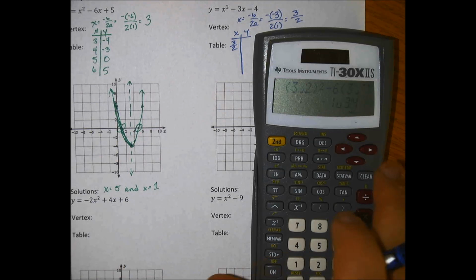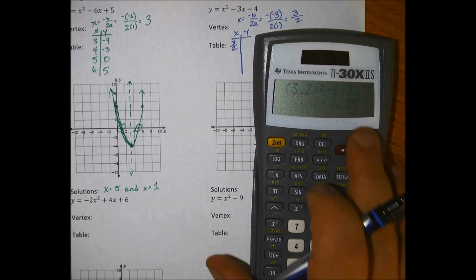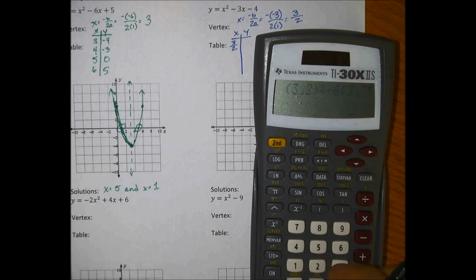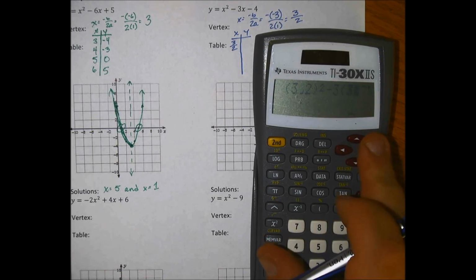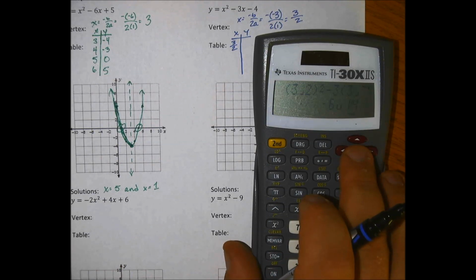But that's what we get. So I get negative, wait a minute. That's the wrong problem. So we have x squared minus 3x, and then that'll be a minus 4 on the end. There we go. So we get negative 6 1/4.